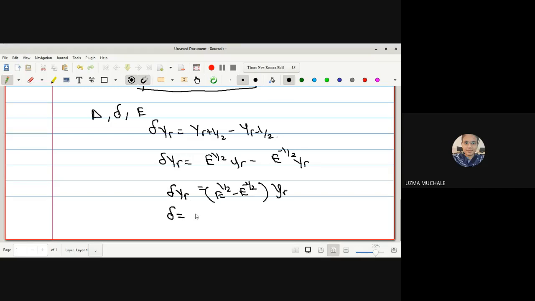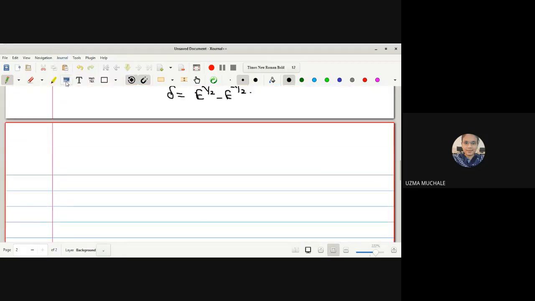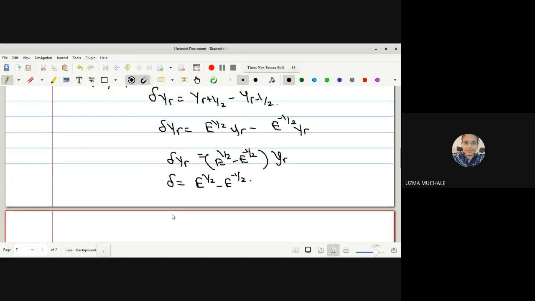After that we have to find the relation between these three operators. If I take E raised to half outside, what remains? 1 minus E raised to half, it will be minus 1. Correct?